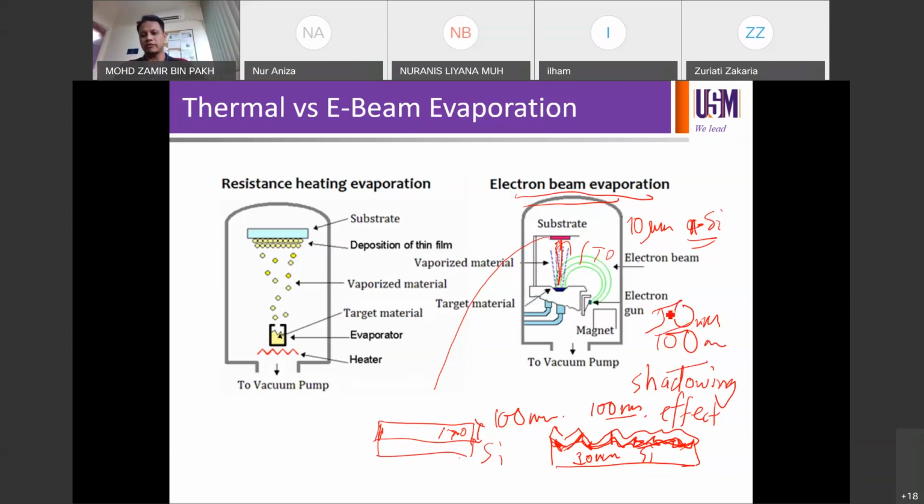So the layers are very thin, and these steep angles on the textured substrate will show as a significant problem in your device or in the material later on, right? So when I deposited 100 nanometers, some areas ended up like 30 nano or 20 nano, particularly if you have a very steep angle. The steeper the angle, the more problematic the shadowing effect will be, and the more effects you will see on the device.